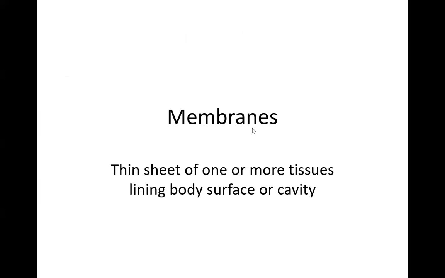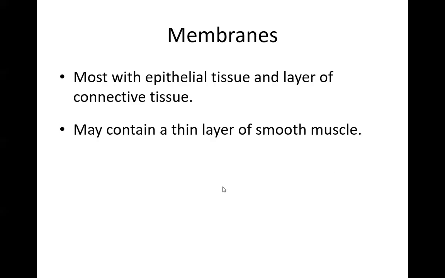Now, what are the membranes of these nervous cells? The thin sheet of one or more tissue lining the body surfaces of the cavity. Most of the membranes lining the cavities and the hollow organs, protecting the viscera, are epithelial tissues and they have layers of the basement membrane, the reticular lamina, the basal lamina.